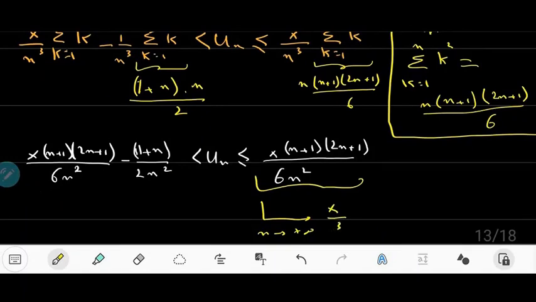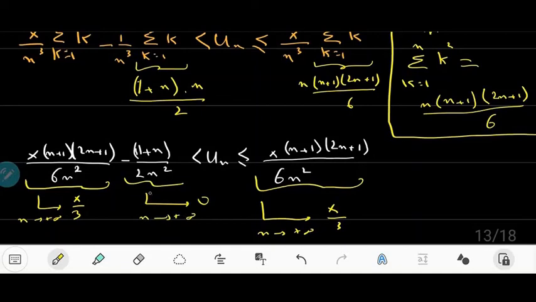And on the left side, this goes as well to x over 3 when n tends to plus infinity. And this second term goes to 0 when n tends to plus infinity, because we have a degree of n squared in the denominator and a degree of 1 in the numerator.